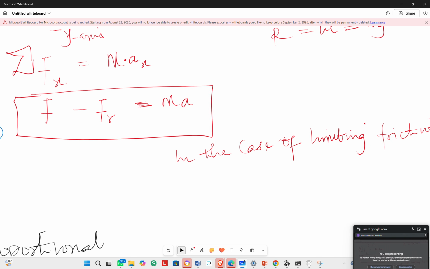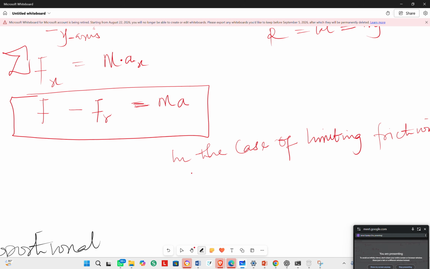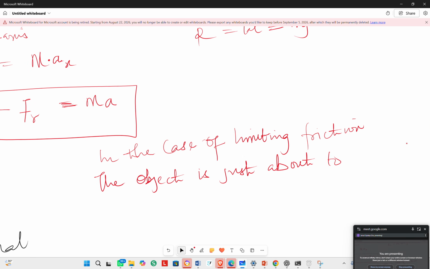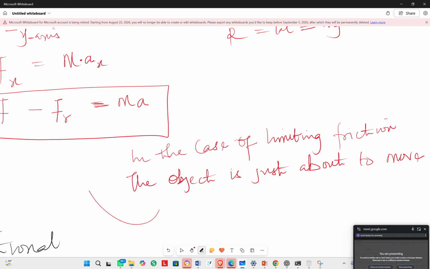The object is just about to move. So if it's just about to move, let's refer back to this equation here.